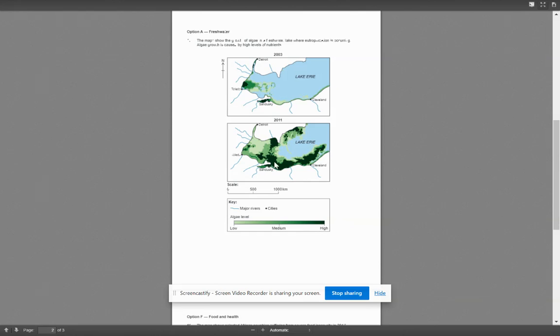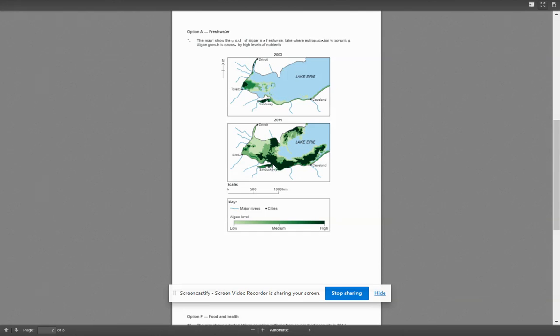First of all, we can see that it now covers a much larger area. You could actually give some quantification for that. You could try and work out, using the scale, how much of an area it now covers. Look at that, it's basically about 3 to 400 meters inland, whereas before in 2003 it was just along the coastline.